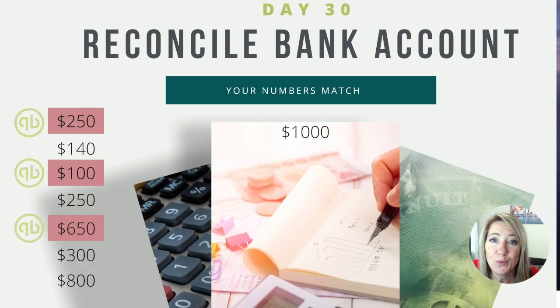But when you go to reconcile your bank account, your numbers match because your QuickBooks has already tied out that $1,000 deposit for you. It will recognize that there's a $1,000 deposit on your bank statement, and hold the front door, we created a deposit in QuickBooks already that was $1,000 made up of these specific 3 transactions.